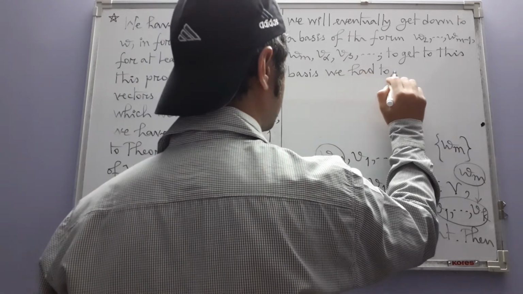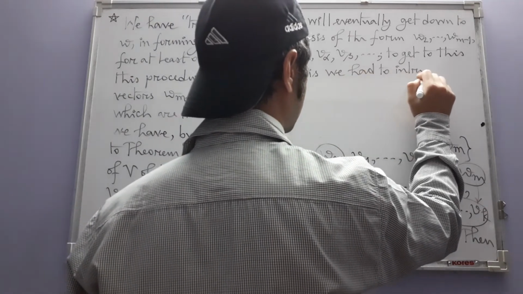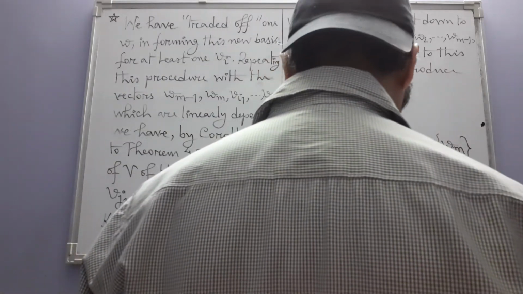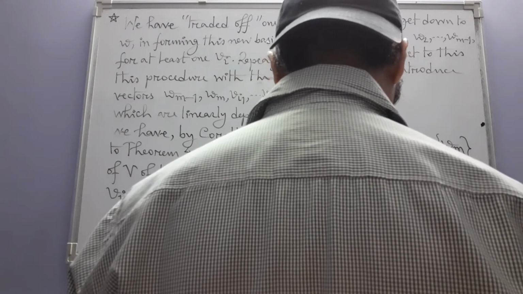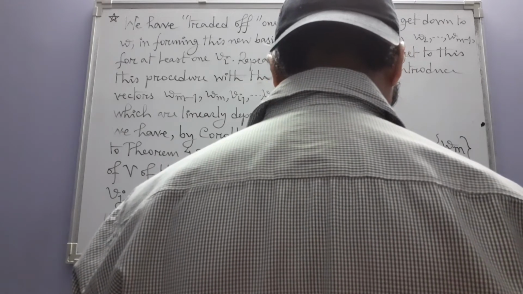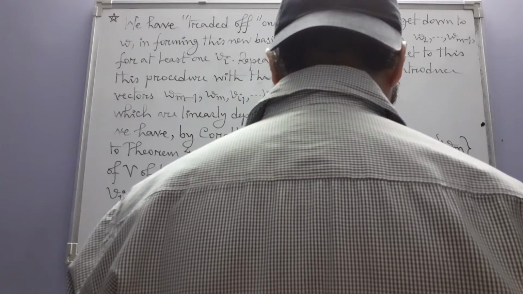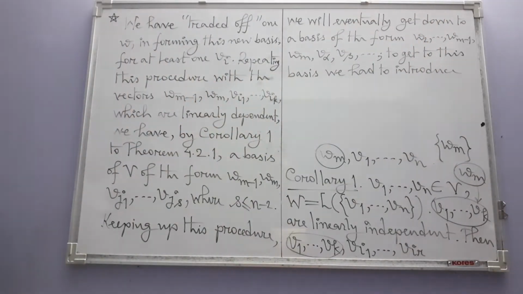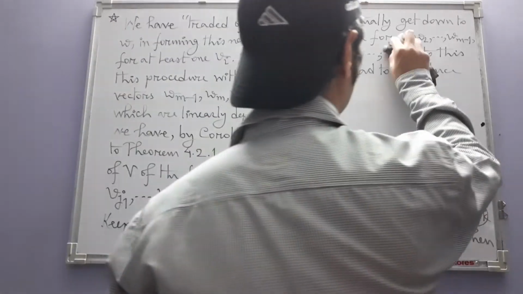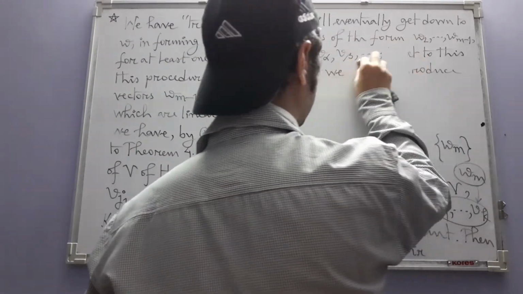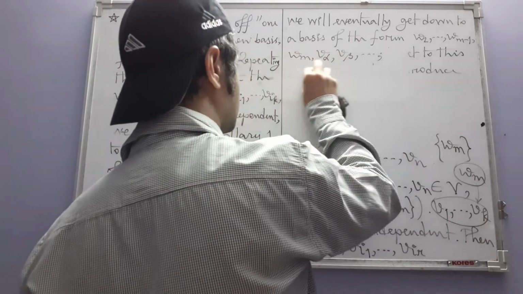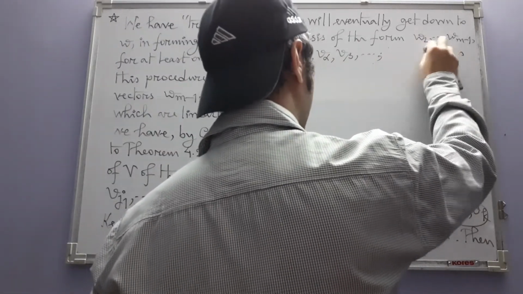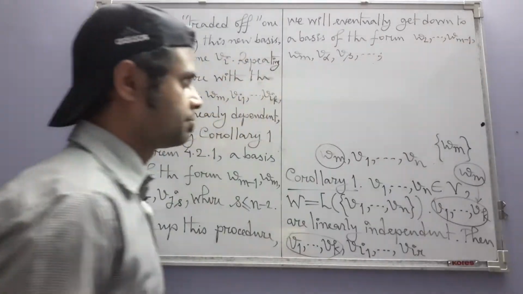we had to introduce m minus 1 W's, but before that something else has to be said: the fact that in this basis that we have, the latest basis, there are actually some V's.